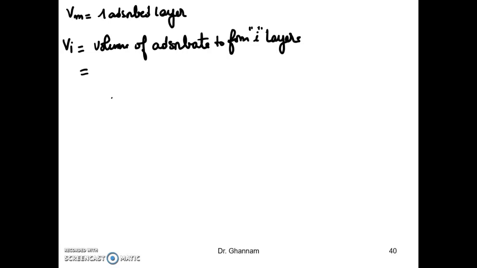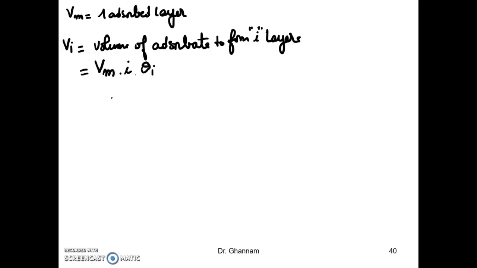So Vi is equal to Vm. We have the same substrate and we are covering layers over others. So we need Vm, and we are repeating this I times, and this also depends on the sites where adsorption could take place.